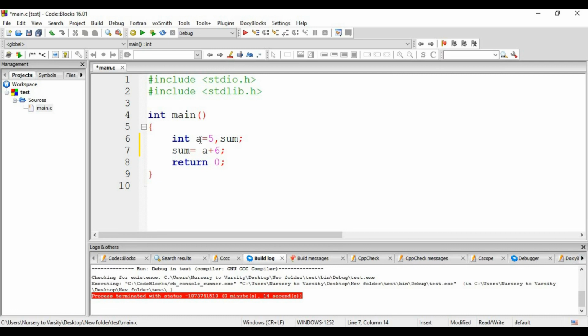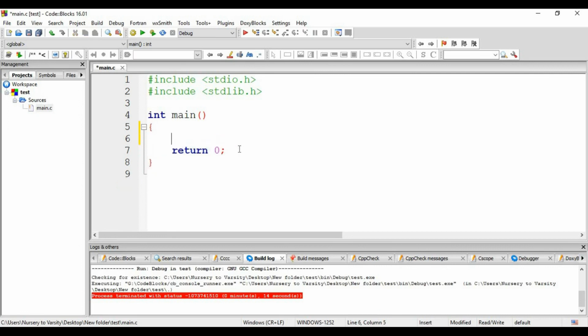Here a and sum are the integer variables and 6 is an integer constant, and this instruction is an integer mode arithmetic instruction.